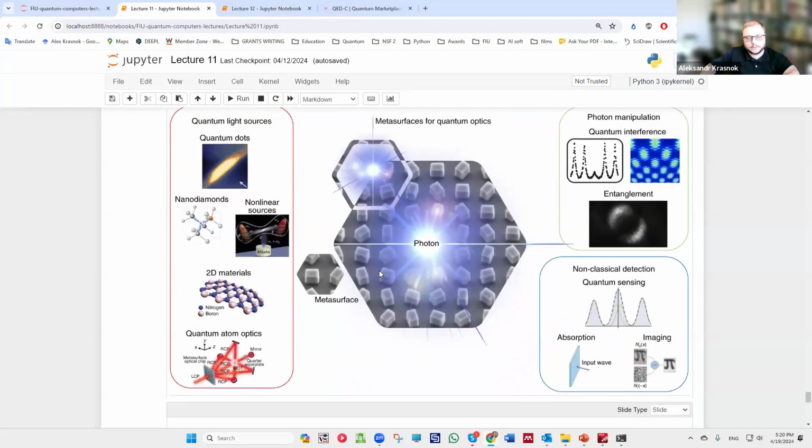And another trend is to push everything down to the nanometer scale, because at the nanometer scale, light interacts with matter particularly strongly, provided that you squeeze light. So one great feature of light is that you can squeeze it. You can reduce the size of a photon.